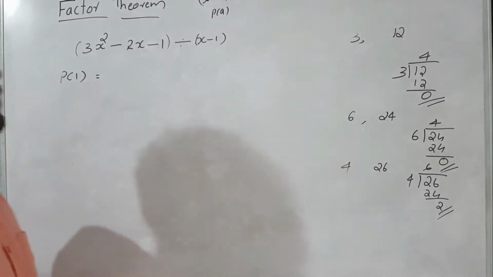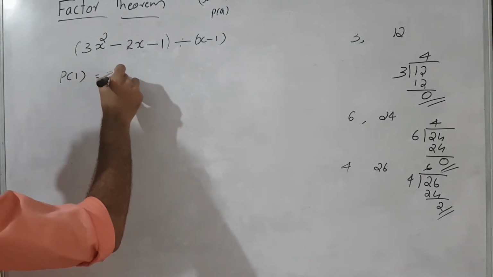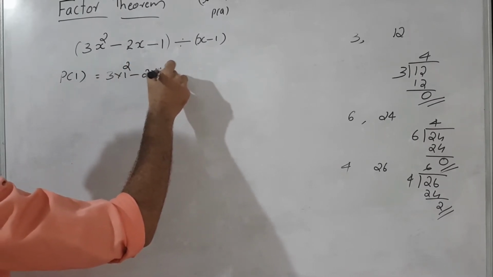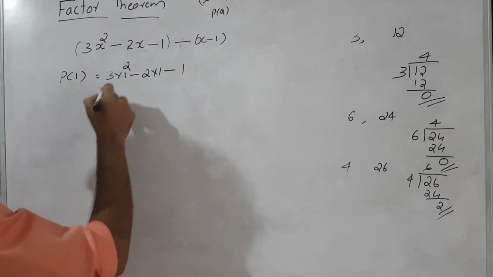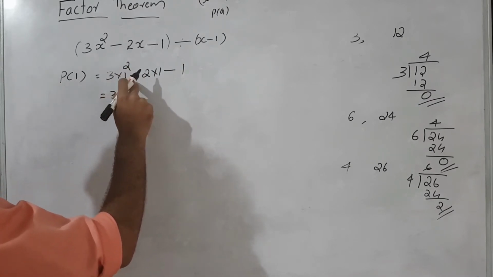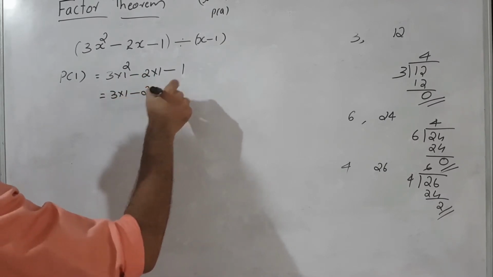Then p of 1 is equal to 3 into 1 square minus 2 into 1 minus 1, which is equal to 3 into 1 square is 1, minus 2 into 1 is 2, minus 1.